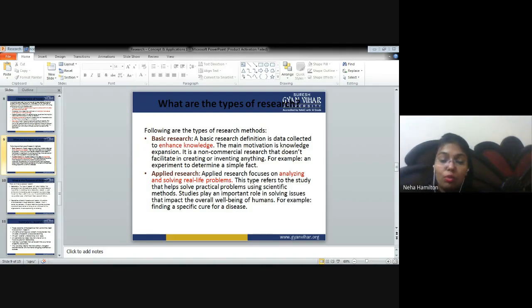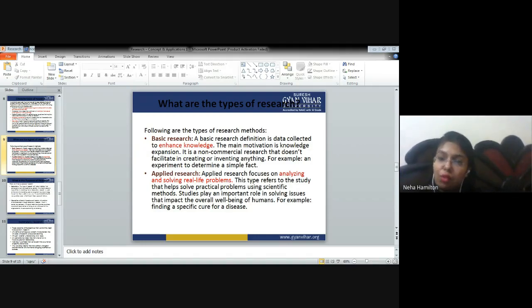You are studying how plants manufacture their food, which is called photosynthesis. You are studying how your body functions. What is the function of the liver? What is the function of the kidney? Or how food is digested in the body, or maybe how hair grows, right? So these are some basic research problems that we need to know.